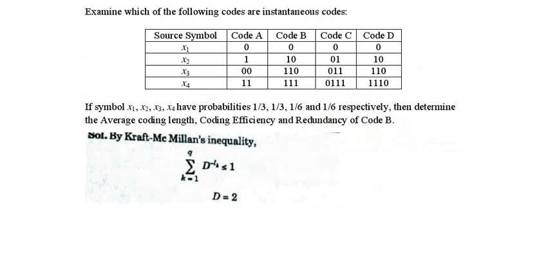Examine which of the following codes are instantaneous codes or prefix codes. We have 4 source symbols, and these 4 symbols are represented by different VLCs. The first code: x1 is represented by 0, x2 by 1, x3 by 00, and x4 by 11.